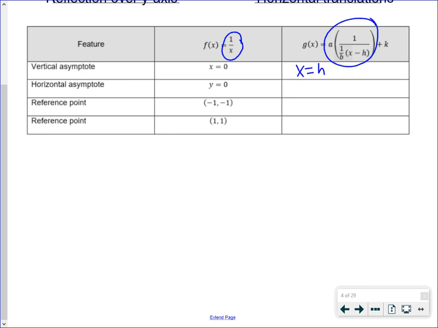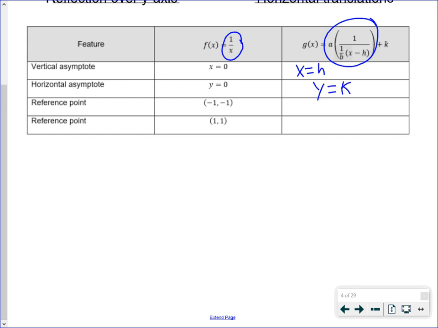Rather, 1 all over b times x minus h can never equal 0 because the numerator is a constant term of 1. So this transformed function can never have a y value of k, and that's because that whole parentheses that I've circled can never equal 0. So if we set that equal to 0, then we know g of x, or y, can never equal k.